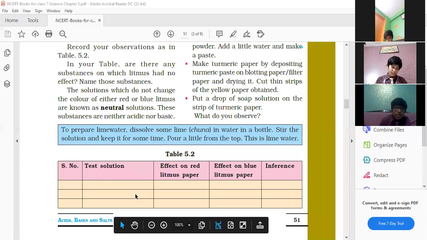Okay. So second, you have written vinegar. The effect on red litmus paper, it changes to red. Effect on red litmus paper, no change. Here you will write down the blue litmus paper changes to red, and this is acid.